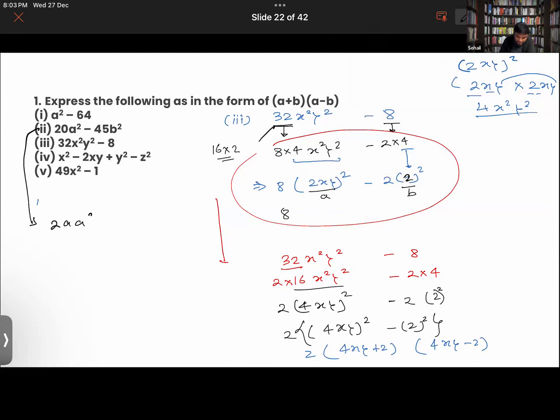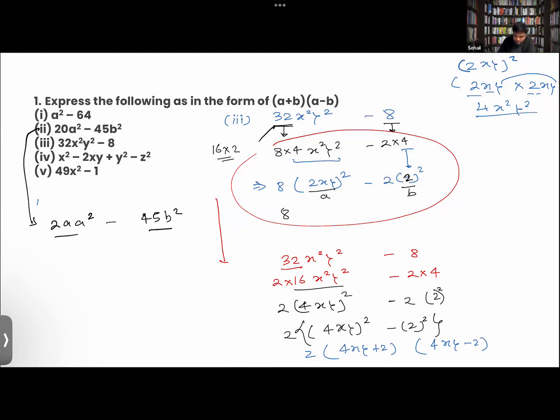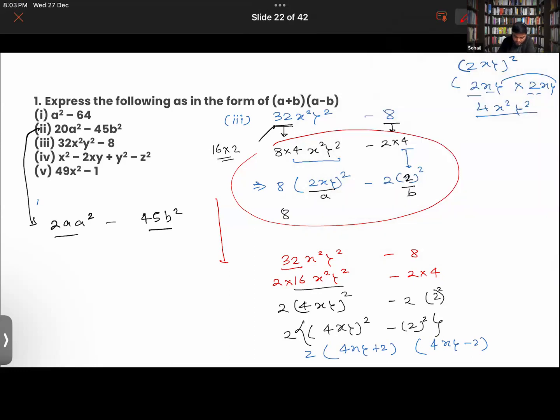Okay. So we were doing this one question, 20a square minus 45b square. Here what we did now, we took common 5 from both of them. 5 is common in both terms. So thereby you had 4a square minus 9b square. So we will take 5 out of it.